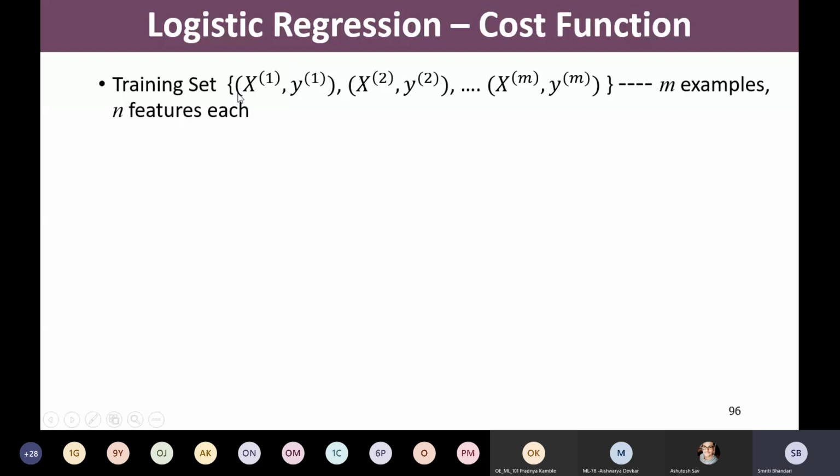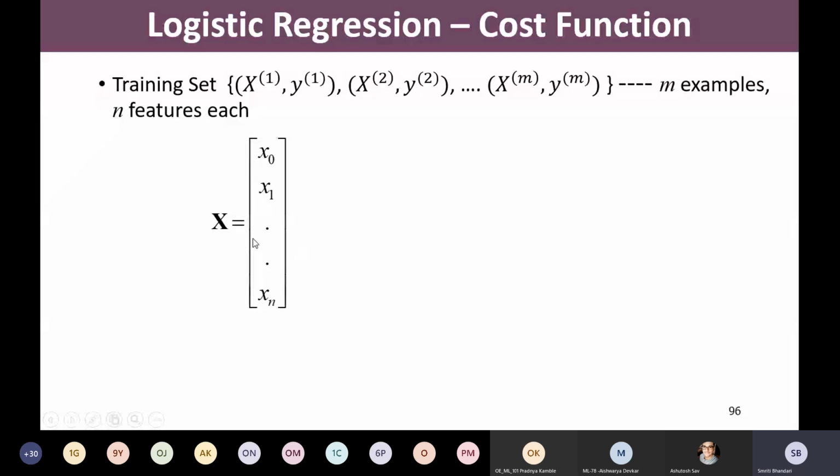Here x1 denotes the feature vector for example 1 and y1 denotes the known class of that example. This feature vector x may have n features, and we have the training data set with m examples.